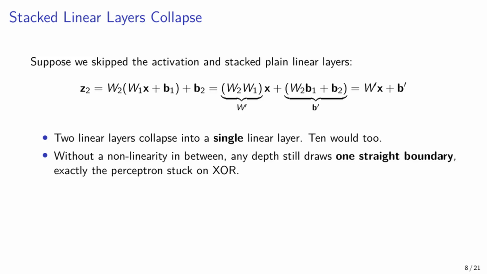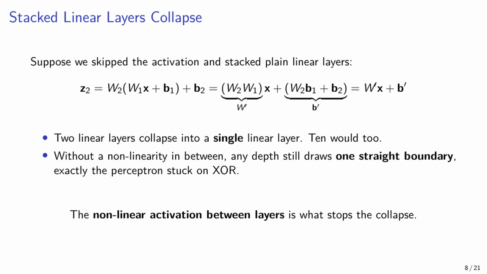That is exactly the perceptron we already proved gets stuck on XOR. The nonlinear activation between the layers is the thing that stops the collapse. Take it out, and the depth is an illusion.